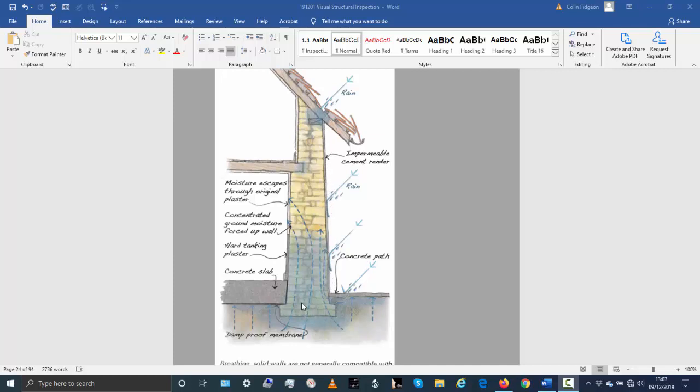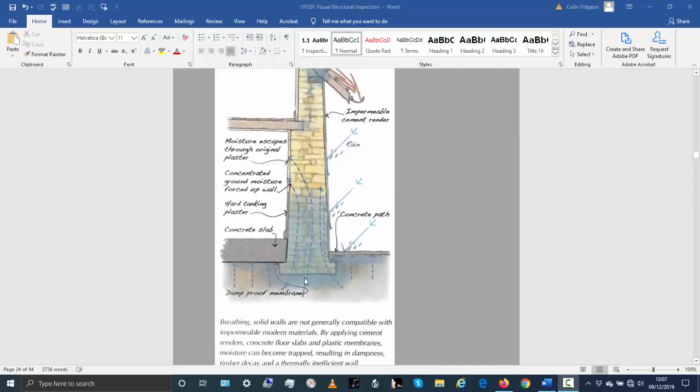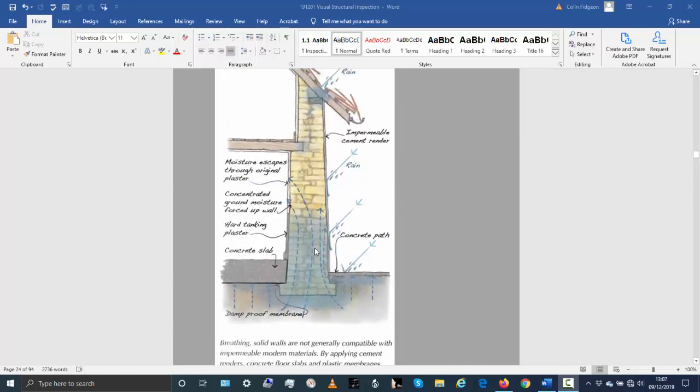And this is what's happened in your building. This kind of remedial detail, very commonly done to old stone walls, traps moisture in the walls and can cause dampness. And this has been done on your building. There are ways to help treat it, but it's something that's happening, so you need to know that it's happening.